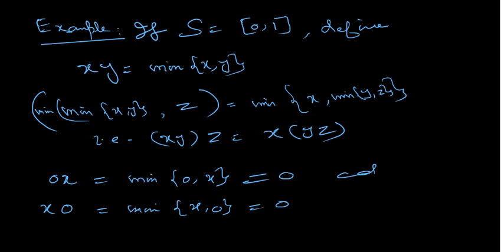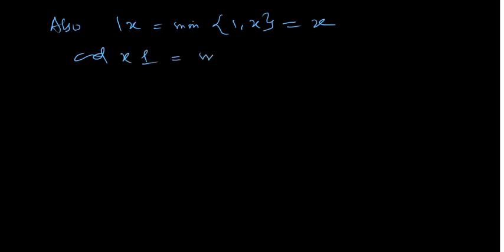Also 1 acts as an identity, which can be easily verified: 1 times x is the minimum of 1 and x, and x is always less than or equal to 1, so the minimum is x, and x times 1 is the minimum of x and 1, which is again x.